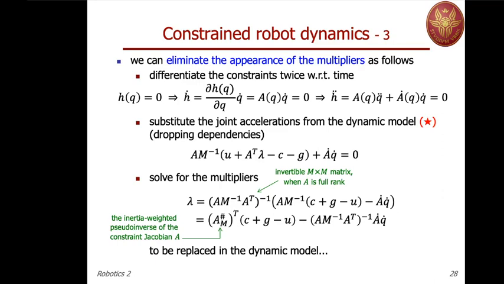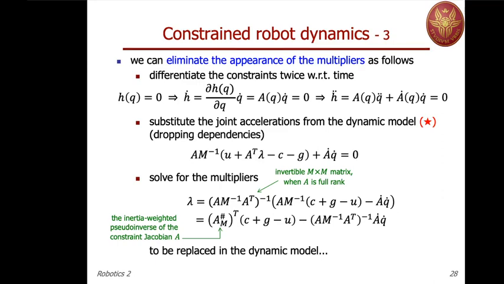So it's a weighted pseudo inverse, and the weighting is given by the inertia matrix M. If you remember how this works, you have this explicit form. Indeed, it's the transpose of this inertia weighted pseudo inverse. So the expression of lambda can be rewritten in terms of what is written.